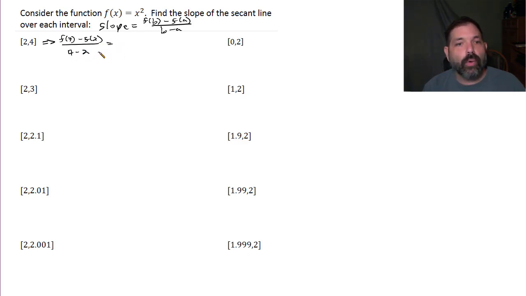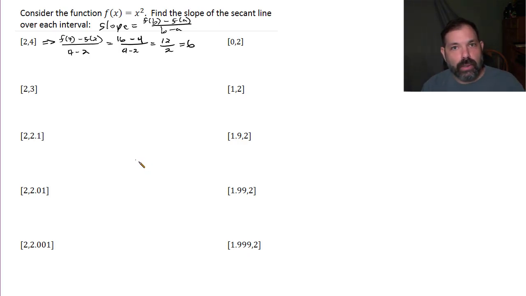The function is x squared, so f of 4 would be 4 squared, that would be 16. F of 2 would be 2 squared, that's 4, over 4 minus 2. So that's 12 over 2, which is 6.